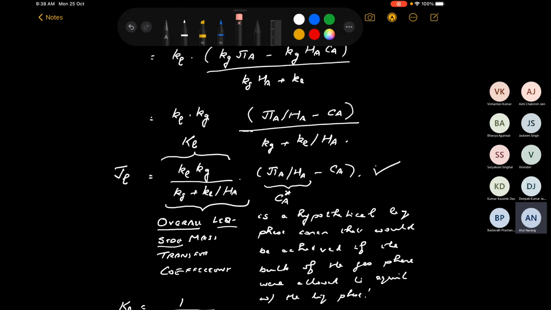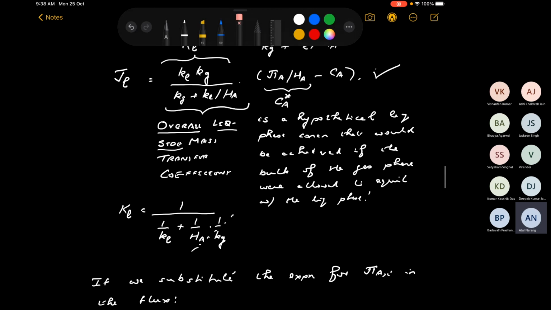In other words, it is that concentration of the liquid phase that would be in equilibrium with the given bulk concentration, p i A, in the gas phase. So this is, at least in general, a hypothetical concentration, because it's not clear where this concentration Ca star would actually appear in the concentration profile.